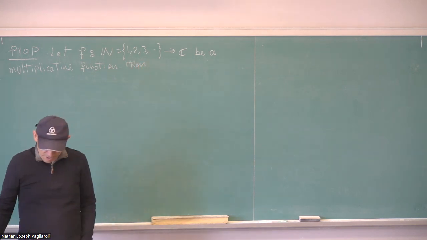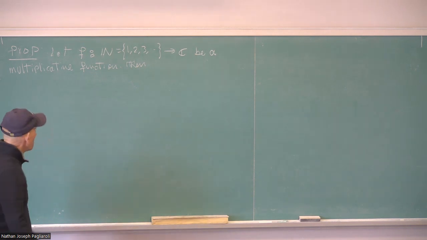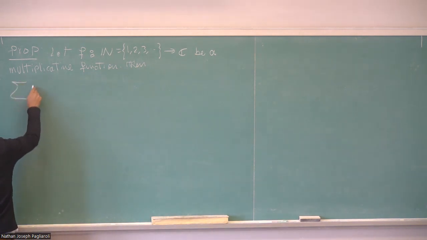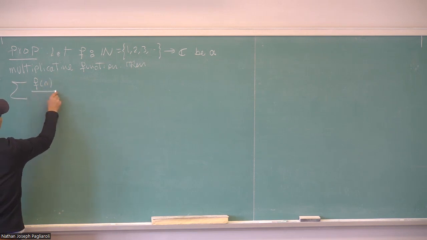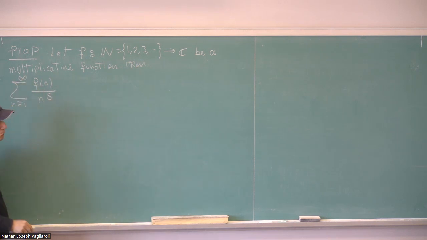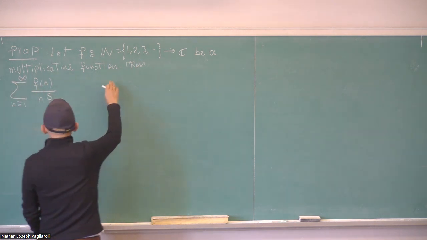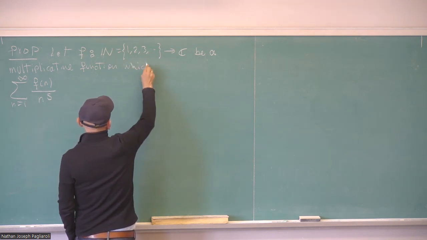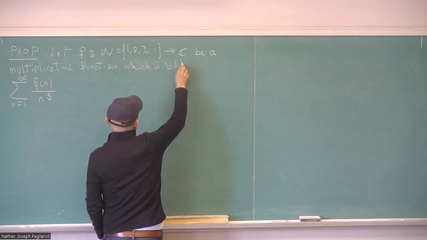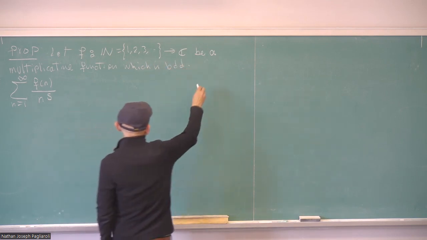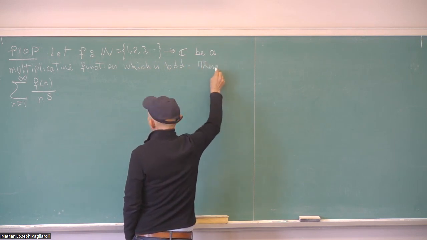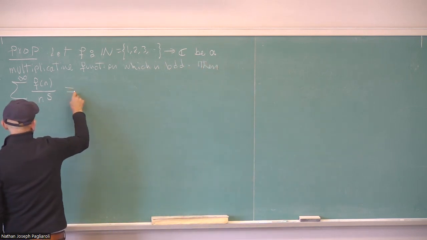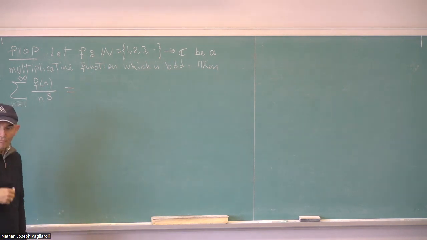So how to formulate it then? Suppose the sum of f(n) is bounded, then we say this is equal to the product over all primes of 1 plus f(1) p^(-s) plus f(2) p^(-2s) plus f(3) p^(-3s) and so on. So there is a kind of weak form of Euler product formula for this.